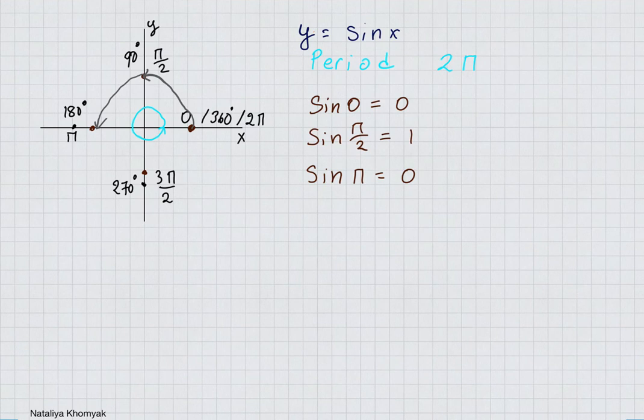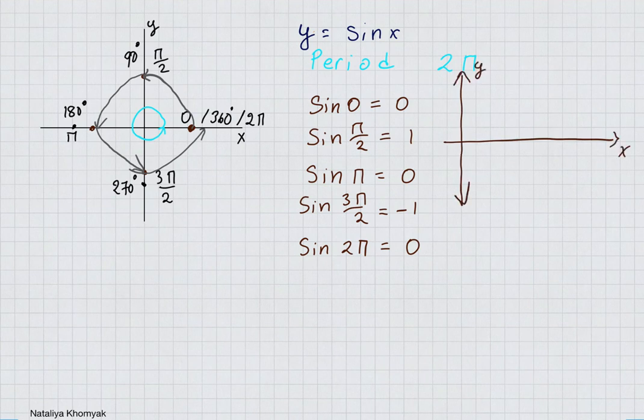The next angle is on the negative y-axis, which is 270 degrees, or sine of 3 pi over 2, and this is equal to negative 1. You can't stop here because the circle is incomplete, and the next value is sine of 2 pi, or sine of 360 degrees, which is equal to 0 again.